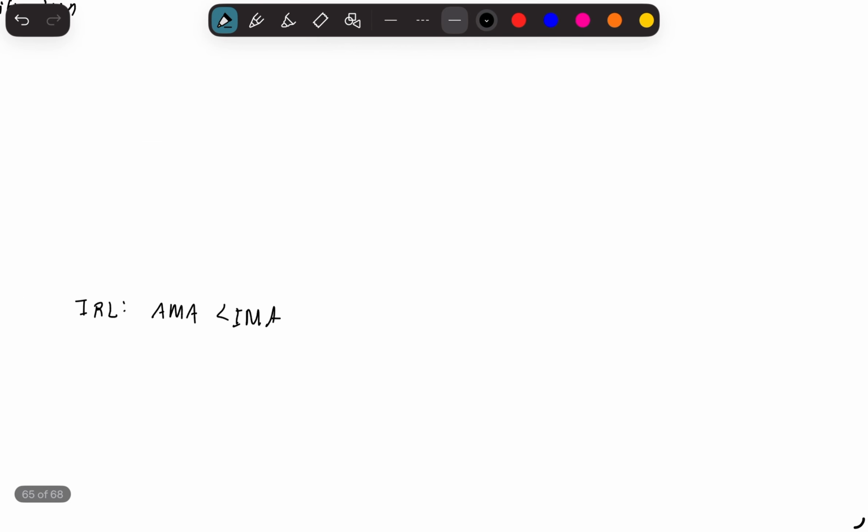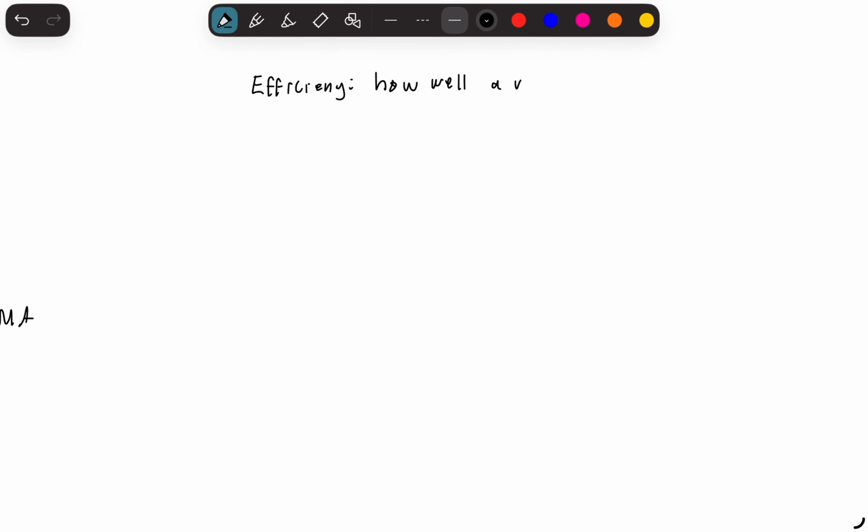Now, what about efficiency? What is efficiency? Efficiency is going to be a measure of how well a machine converts input work, aka input work or energy, into useful output work.